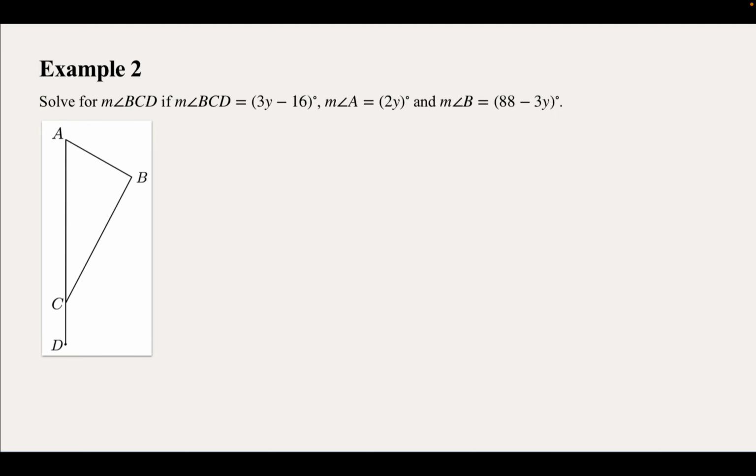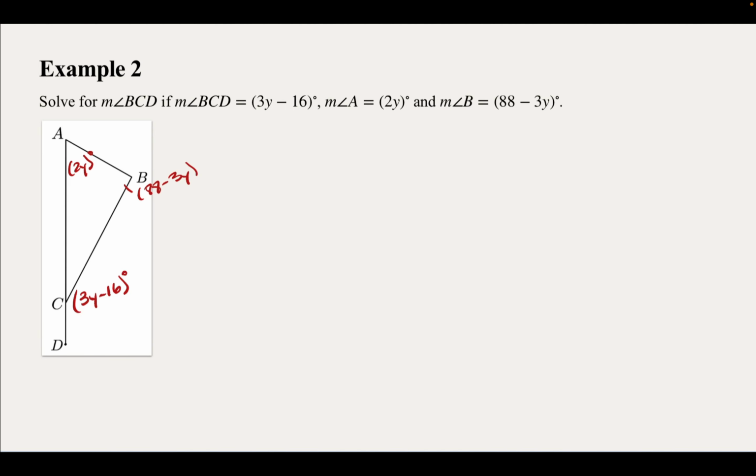Let's try another one. We want to solve for the measure of BCD if the measure of BCD is 3y minus 16. I'm going to put that in first. 3y minus 16 degrees. The measure of angle A is 2y degrees. And the measure of angle B is 88 minus 3y degrees.